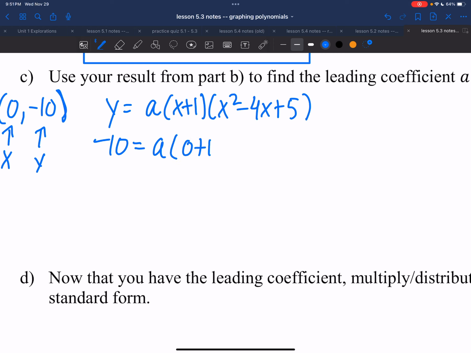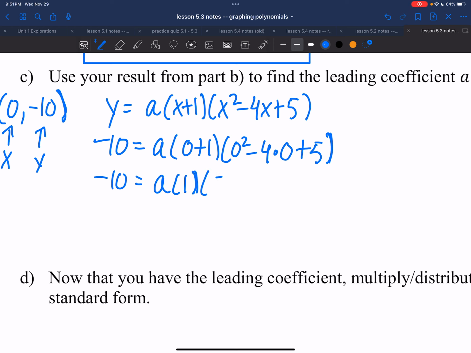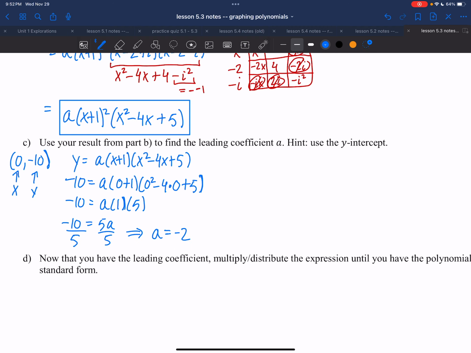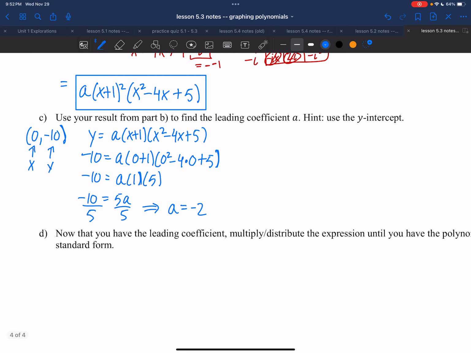So 0 plus 1 squared, 0 squared minus 4 times 0 plus 5. What you'll get here is -10 is a times 1 times 5. Or in other words, -10 equals 5a. This implies that a is -2. And there it is. You found a.